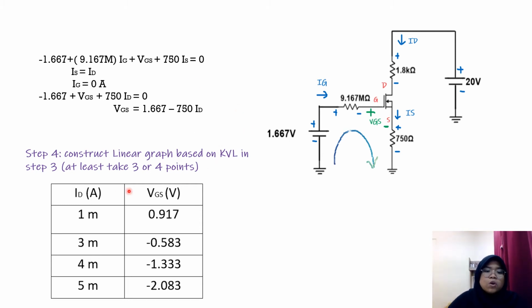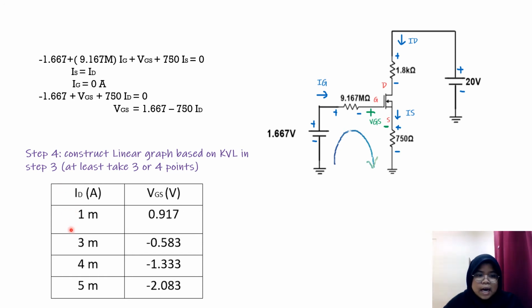So we have to construct linear graph based on the KVL in step 3. So by using this equation, we have to find the value of ID at the graph. So just take about 3 or 4 points for ID to determine the value of VGS that we want to plot at the graph.